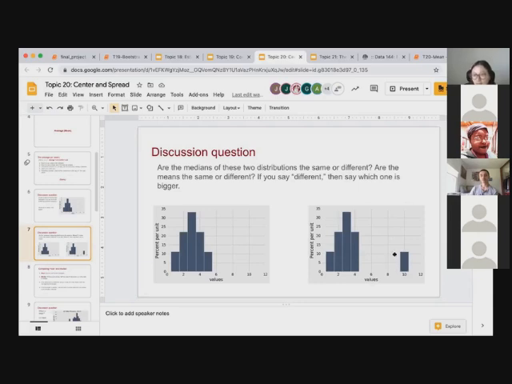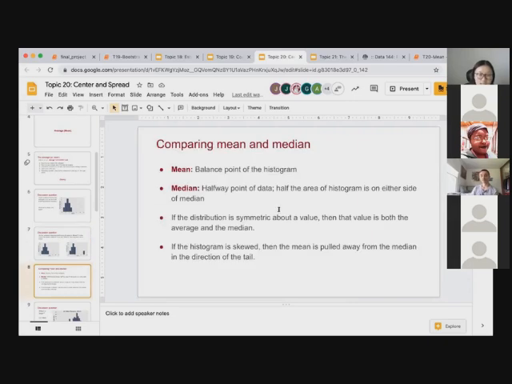So those are more extreme values to some degree, and this is going to have a big impact on the mean, but it wouldn't affect the median, at least in this particular example, okay? Because of that, we are going to use the median more in the case where the histogram is skewed, because the mean might be easily affected by those extreme values. So keep that in mind, okay?